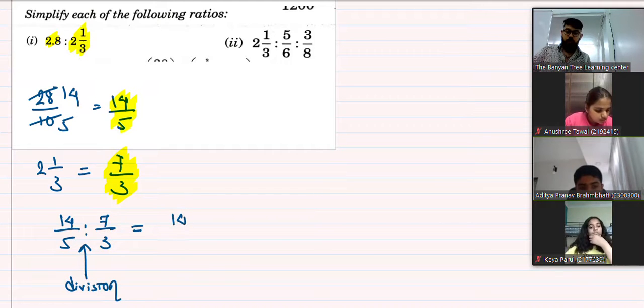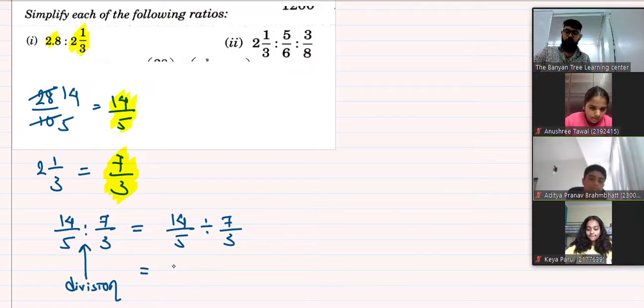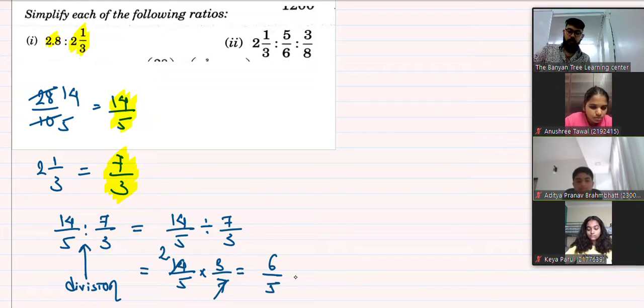So we need to reciprocate the second fraction, 7 by 3. So this becomes 14 by 5 times 3 by 7. 7 twos are 14, nothing can be cut further. So this will be 6 upon 5, 3 twos are 6 divided by 5, which is 6 is to 5, your final answer.